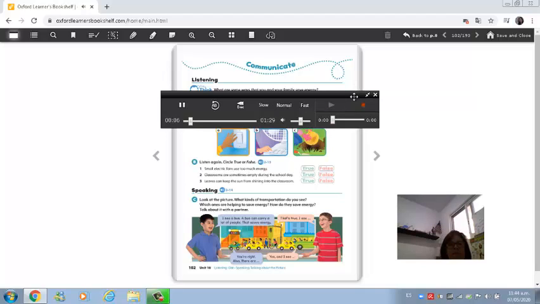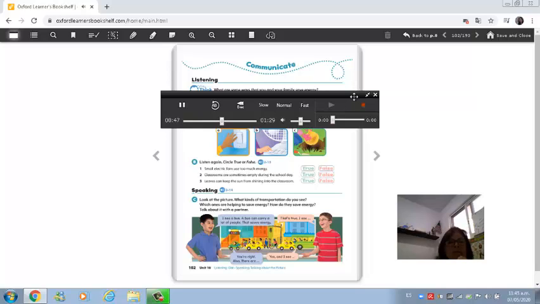Circle true or false. My name is Dina. I have a simple way to save energy in our classroom. Our classroom has a large air conditioner to keep students cool. I think we could use a small electric fan instead of the air conditioner when it's hot outside. Small electric fans don't use much energy. My name is Paul, and my idea is simple. Classrooms use a lot of lights so students can read and study. But we're not always in our classrooms. Sometimes we go to lunch or to the playground.